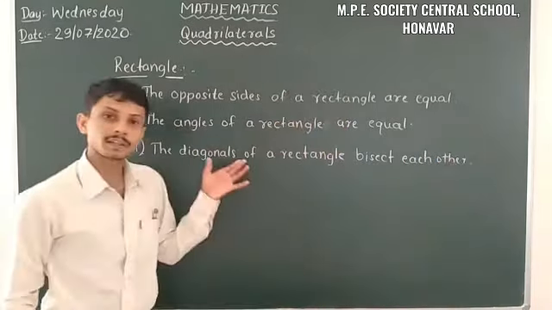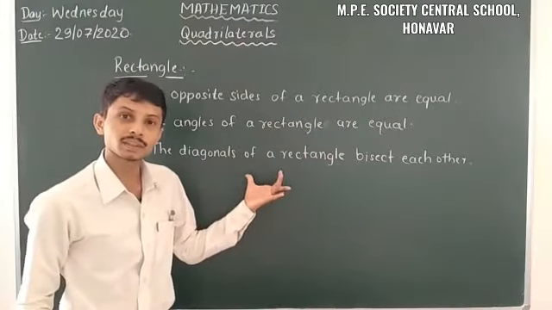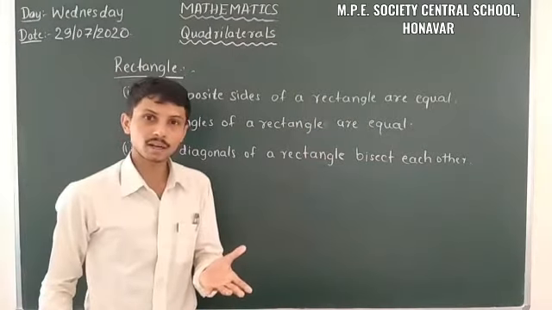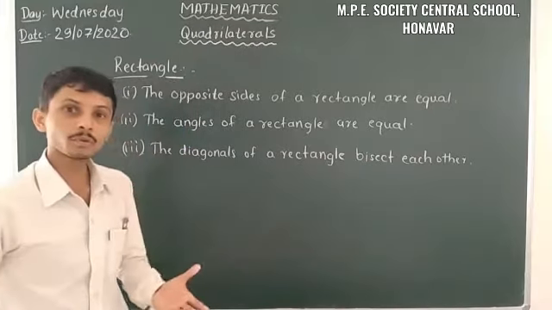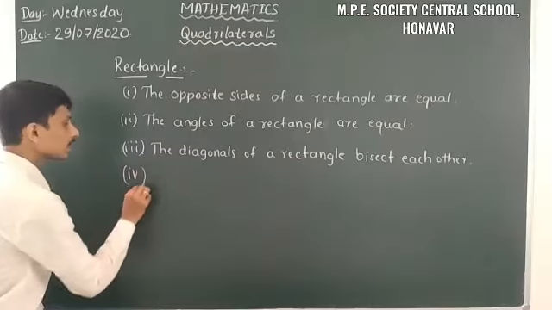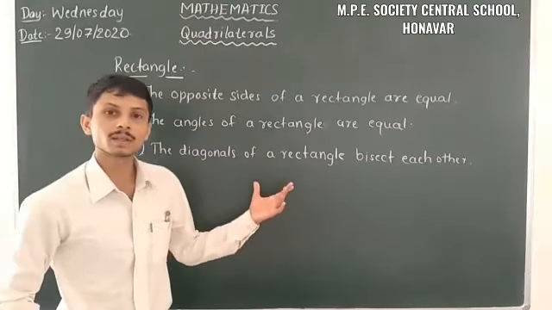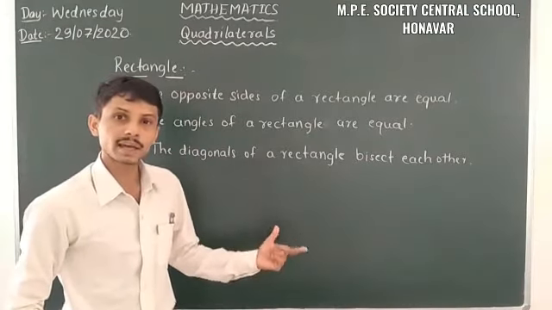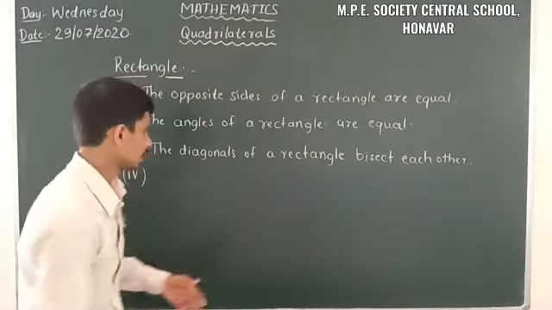This is the third property. This property exactly matches the property of the parallelogram. Then moving to the fourth property, here the diagonals are of equal length. So in a rectangle the diagonals are of equal length.